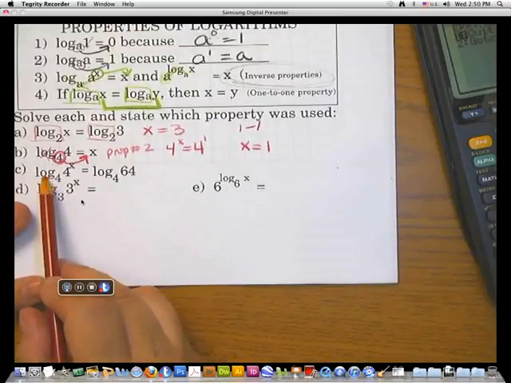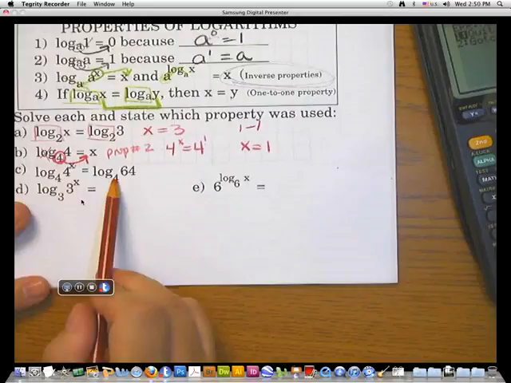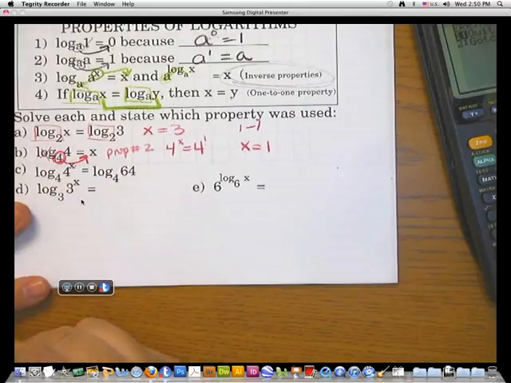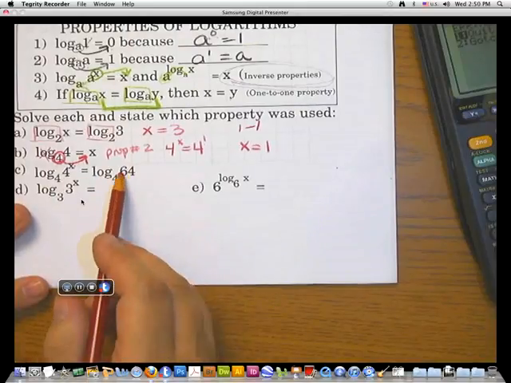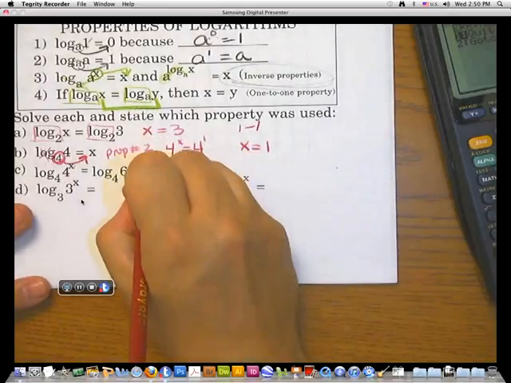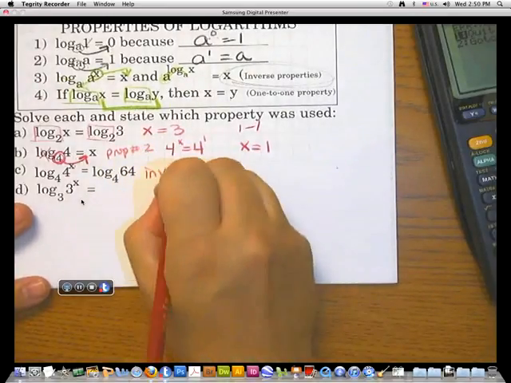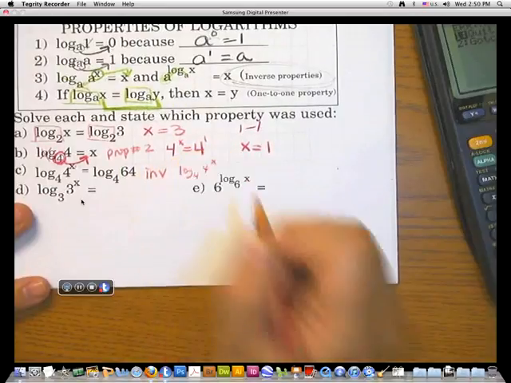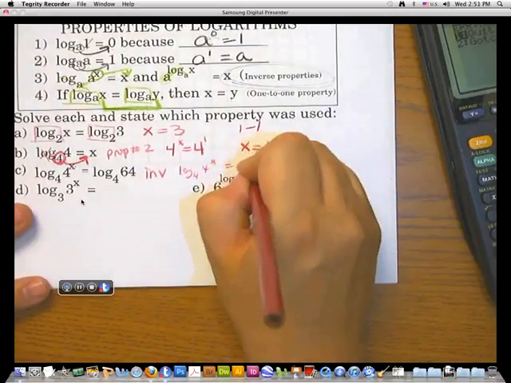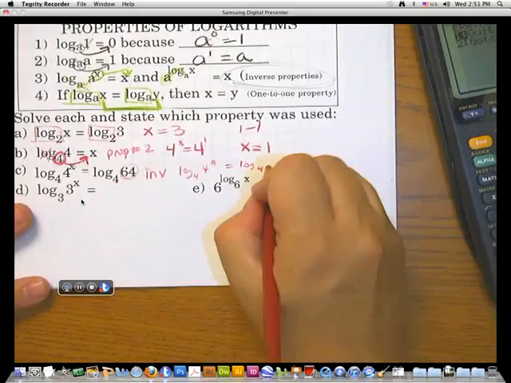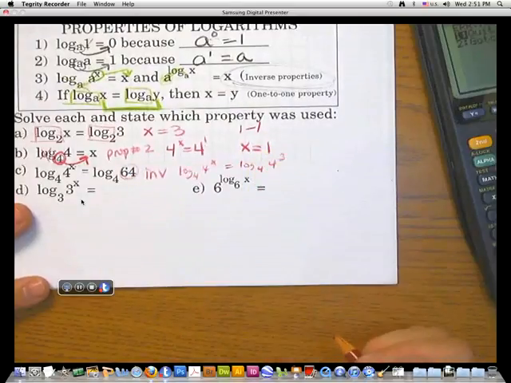Letter C here, we have log base 4 of 4 to the x and log base 4 of 64. This we get to rewrite so that we're going to get the inverse property. So we're going to have log base 4 of 4 to the x is log base 4, and then 64 is really 4 cubed.